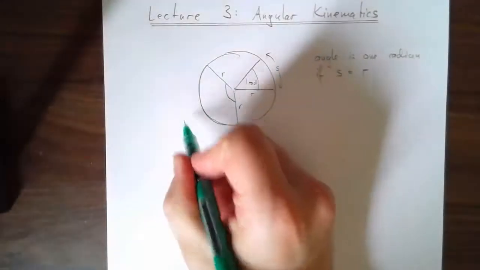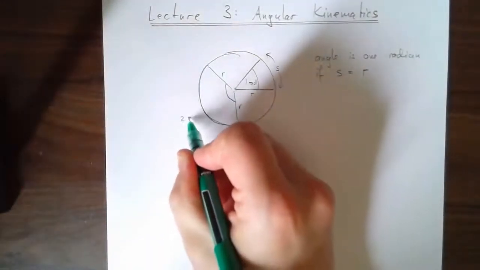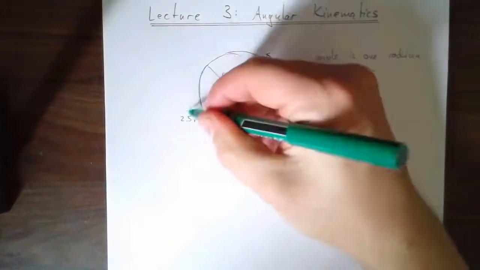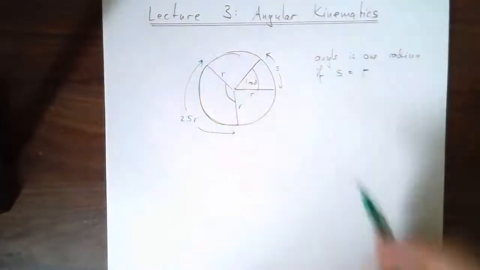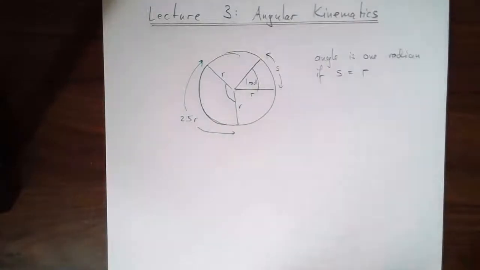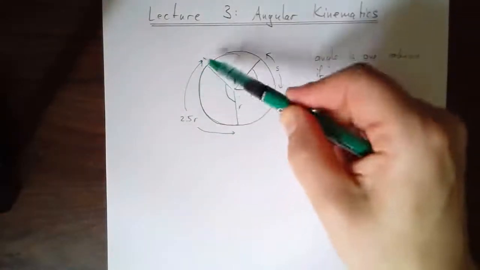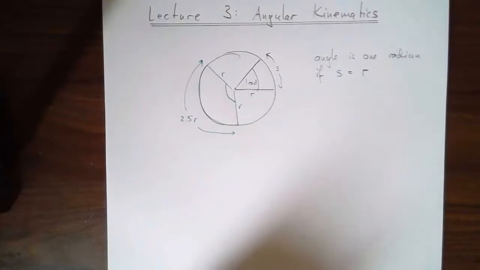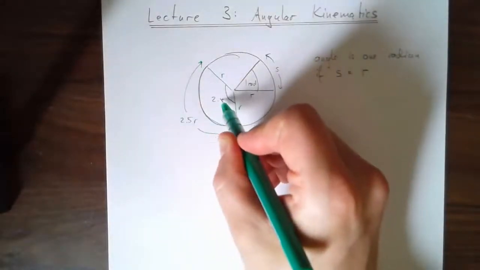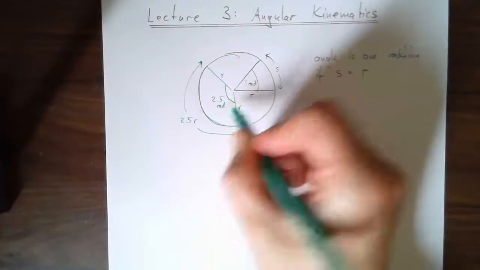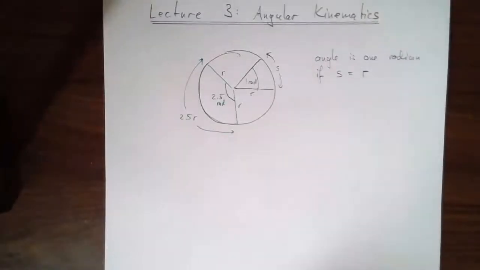Let's just say, eyeballing it, it's 2.5 radii. All the way around, from here to here, along the edge. 2.5 radii, well, then this would be 2.5 radians, right? It's in the name.